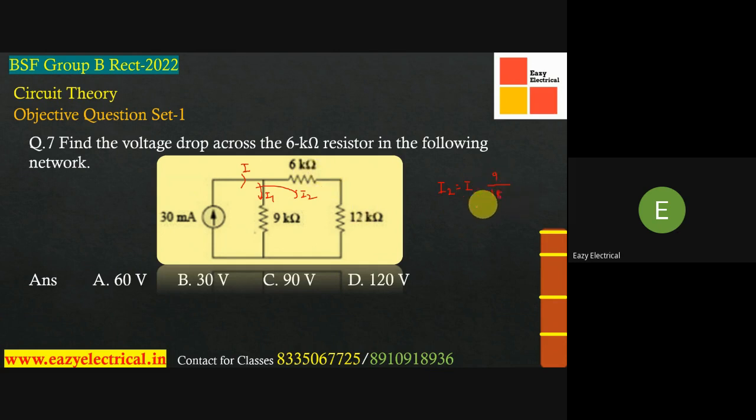I is given to be 30 milliampere, 30 into 10 to the power minus 3, and here it is 9 kilo ohm by 18 kilo ohm. Kilo ohm gets cancelled out, so half. That means 15 milliampere.